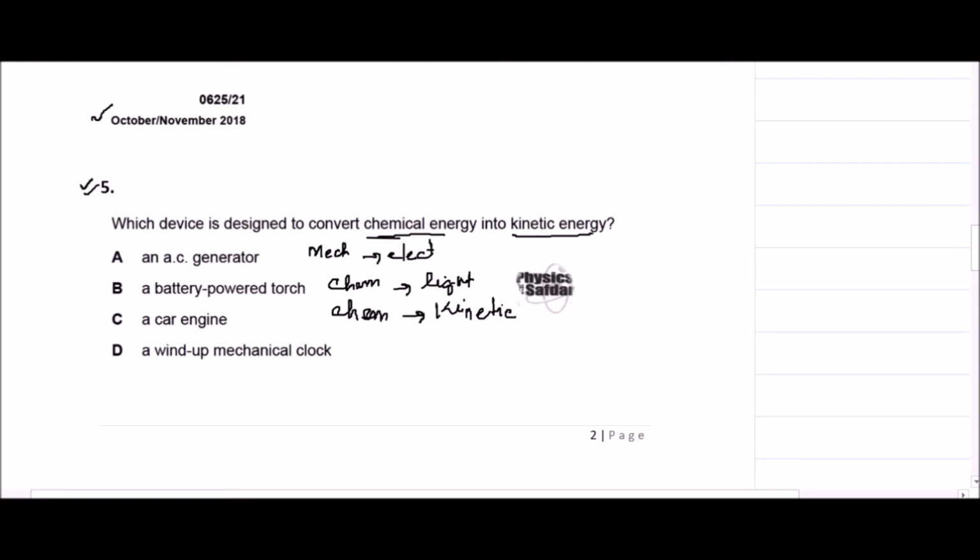In the wind up clock, moving air, that means there is a change of kinetic energy to mechanical energy. If you look at the options, what we need is chemical to kinetic energy, and option number C is the right answer.